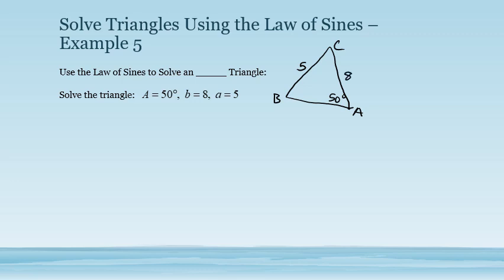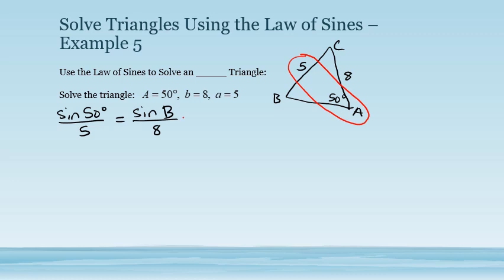So I can't find the other two angles just by subtracting from 180 because I only have one angle, but I do have an anchor, so let me work with that. And so I'm going to say that the sine of 50 degrees over 5 is equal to the sine of B, angle B, over 8.